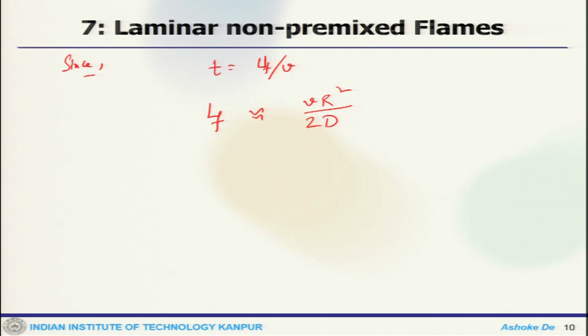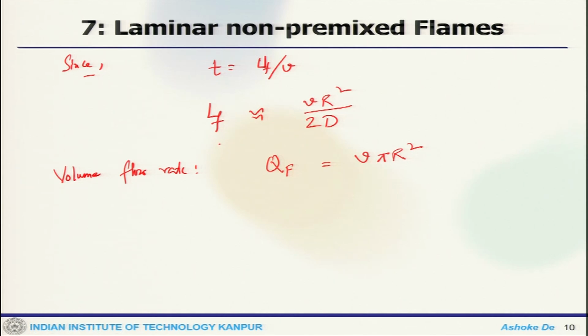Once you get the flame height, you can find out the volume flow rate. The volume flow rate estimation can be made, which is Q_F equals v pi r squared.